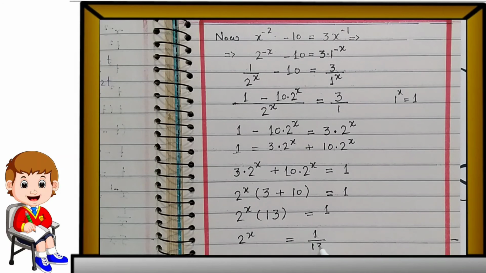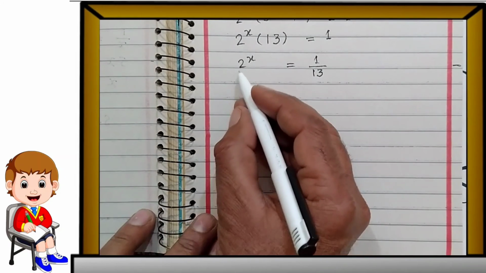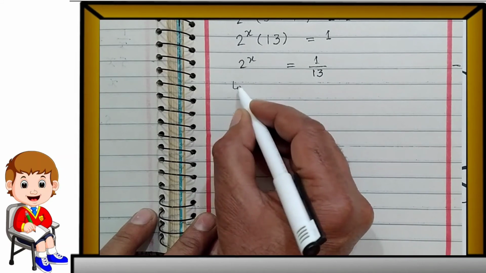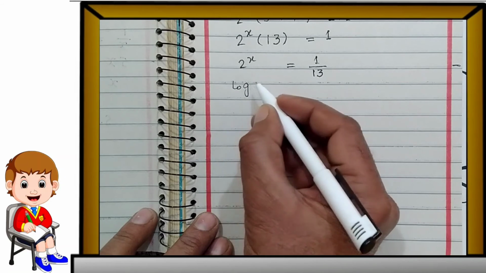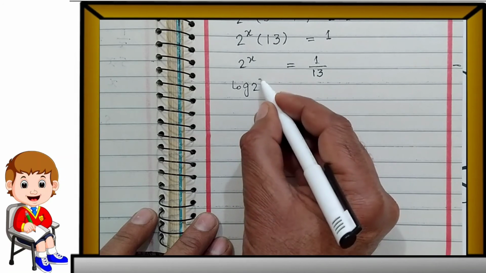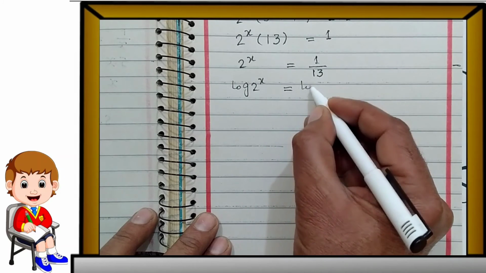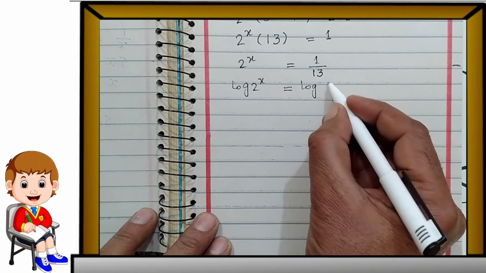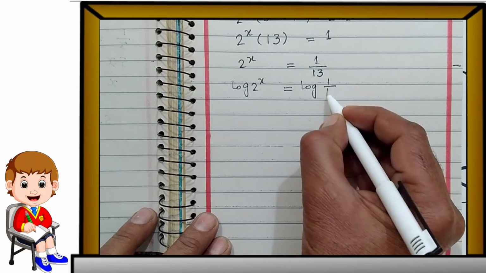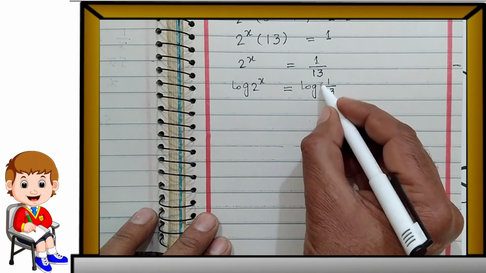Students, 2 raised to x is equal to 1 over 13. And now we take logarithm on both sides. Log of 2 raised to x is equal to log of 1 over 13.